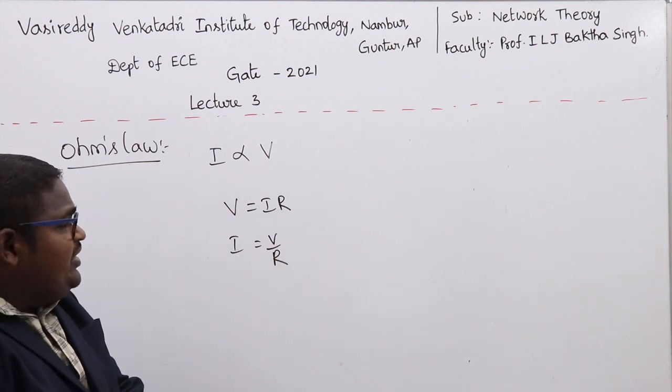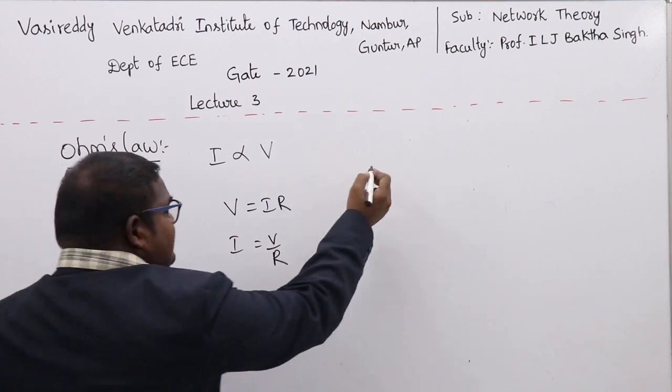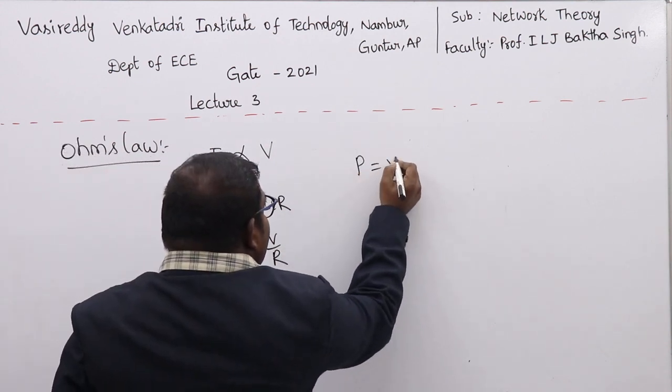Then how much power is consumed by the resistor? P is equal to VI.